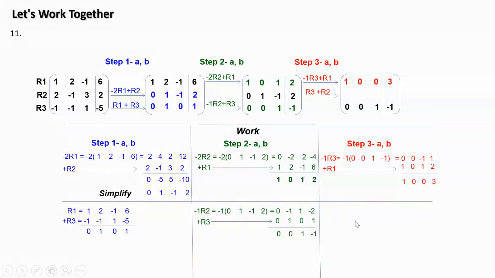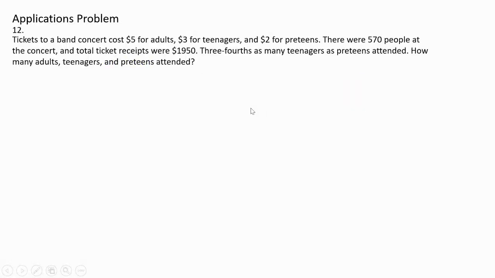For the second step in step 3, we're going to add row 3 plus row 2. So we get 0, 1, 0, 1. That's my new row 2. So what's my solution? It will be 3, 1, -1. This is how you do the Gauss-Jordan elimination method. Okay, so let's move on.